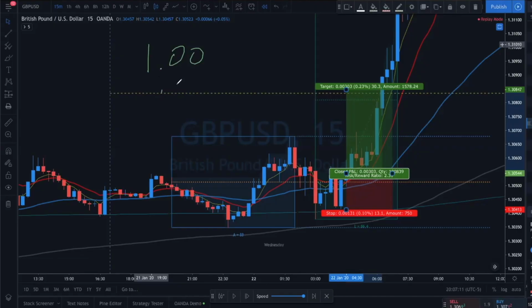Do a 0.50 instead, or a 0.25, something like that, which allows you to still get into the trade but lowers your risk. Does that make sense?